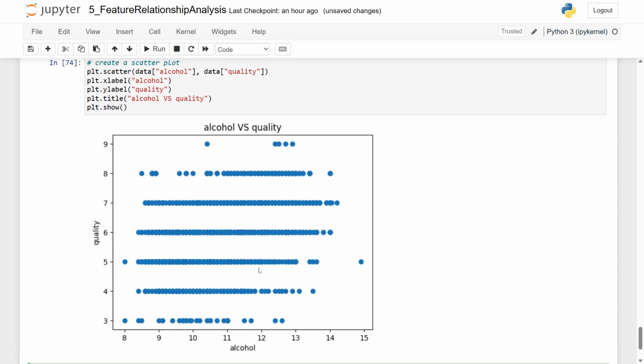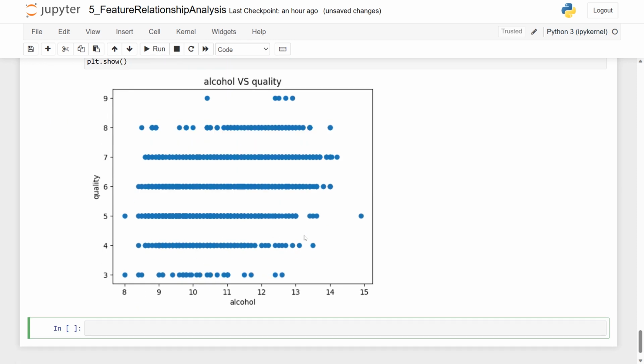What kind of correlation is it? Alcohol is increasing, and the quality has a pattern. This is one pattern, this is another pattern, this is another pattern. So at different levels of quality, you have different levels of alcohol, with alcohol percentages from here to here for this quality.